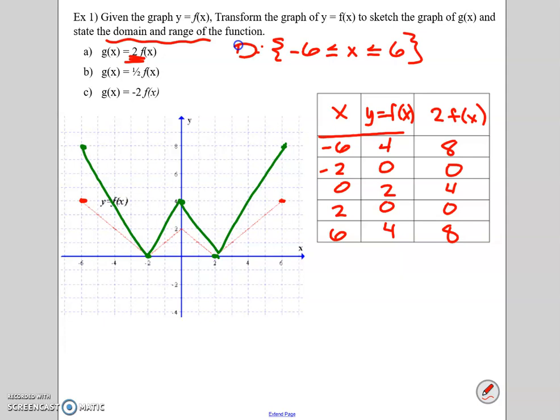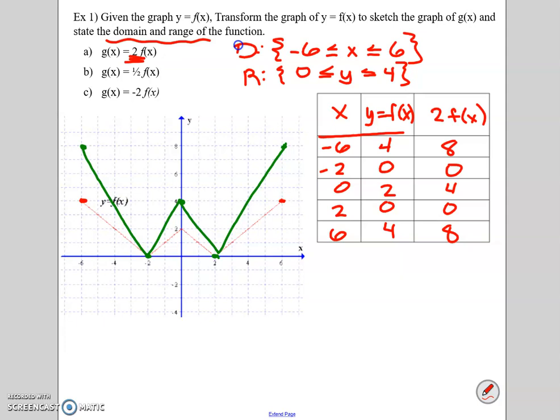So the domain is from -6 to +6. The range of the original goes from 0 up to +4. So 0 is the smallest, +4 is the biggest, and all the y's are in between. And then we make our signs, again, to point toward the bigger value. So again, this means that all of my y's are in between 0 and 4.